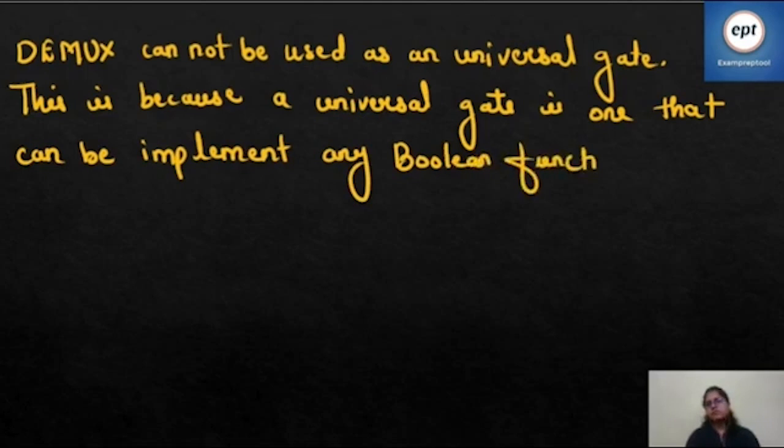That means through this we should be able to derive AND, OR, NAND, NOT, XOR, XNOR, every Boolean function. That is why it is called a universal gate, but demux is not able to derive some of the Boolean functions, so it is not a universal gate.